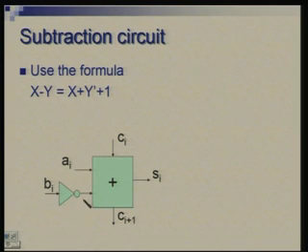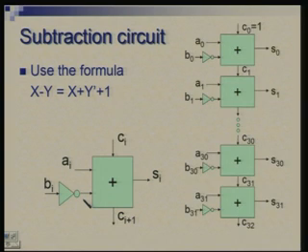And when you put these modules together to form a 32-bit subtractor, this plus 1 can be taken care of by making the initial carry as 1, which is normally 0 in case of an addition. So these are the two changes. Each B bit is inverted and the initial carry is made 1.